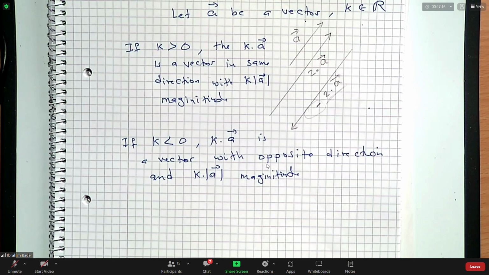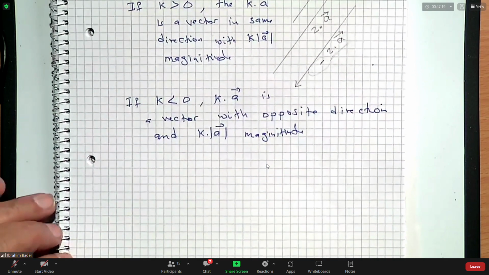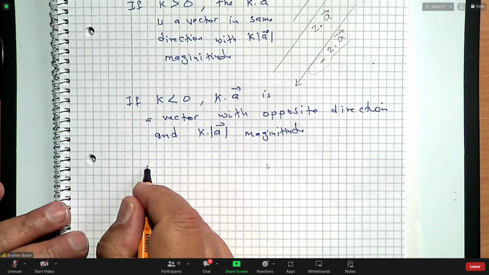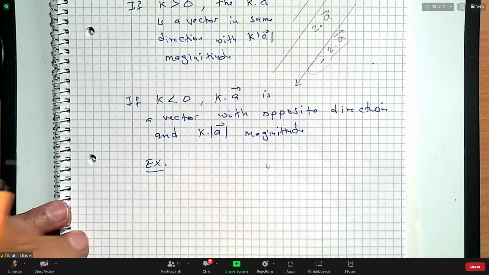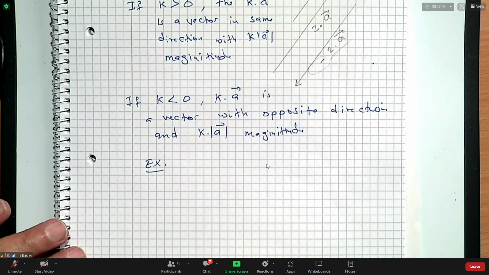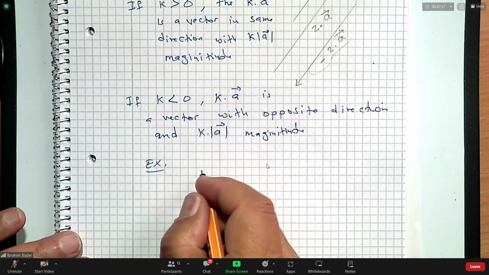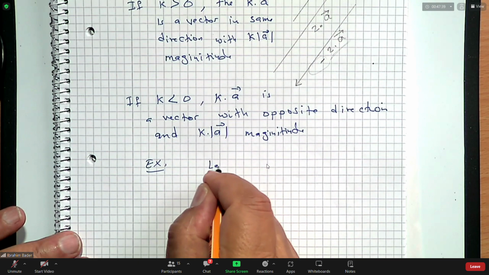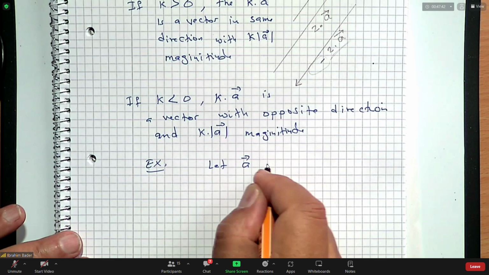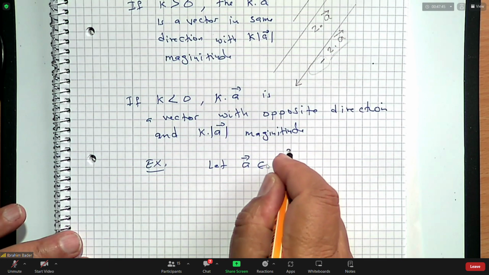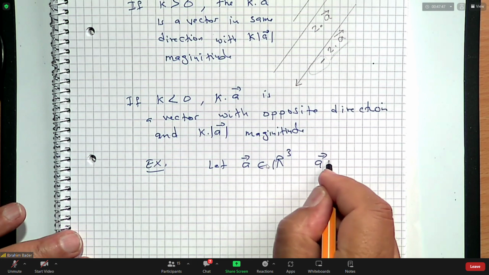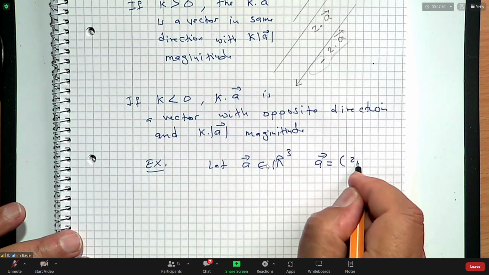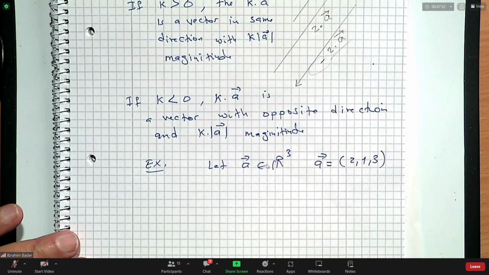Another thing here: maybe at this stage you saw some assignments on this, today, this morning, or yesterday in the second worksheet. So let's have vector A, which is part of R3, meaning that A is equal to, let's say, (2, 1, 3).